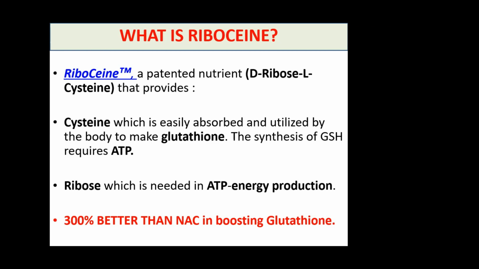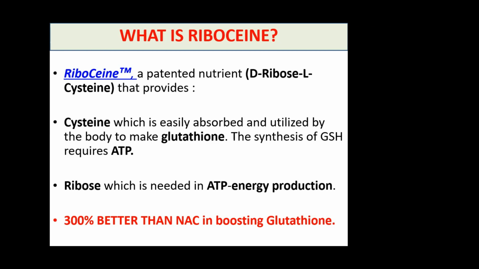So the full molecule is D-ribose L-cysteine, shortened to ribocysteine, and trademarked as ribosine. Okay, three terms there: D-ribose L-cysteine, ribocysteine, and ribosine. Cysteine, which is easily absorbed and utilized by the body to make glutathione, is now available, right, through ribosine.